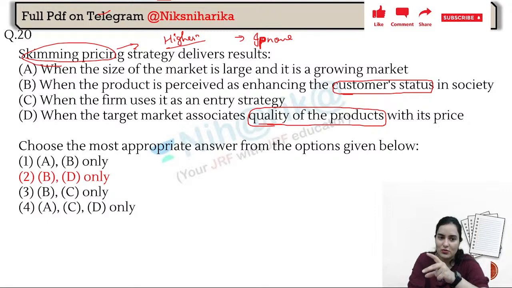Only these two things. It is not necessary that the firm uses it as an entry stage. Why entry stage? Penetration prices, going prices, cost plus pricing, all these pricing strategies are also used. These are just market strategies. It is not necessary that skimming price is used only at the entry level.